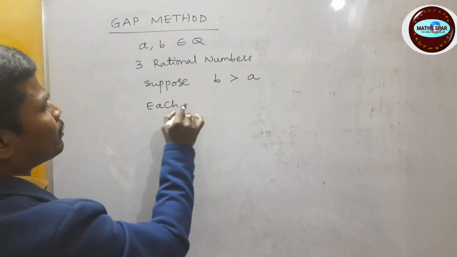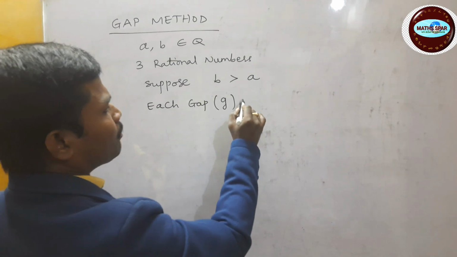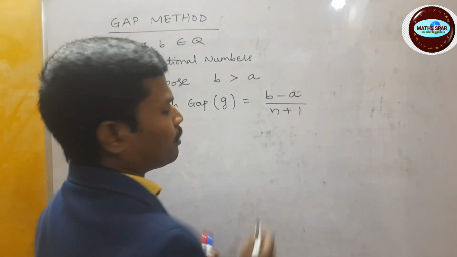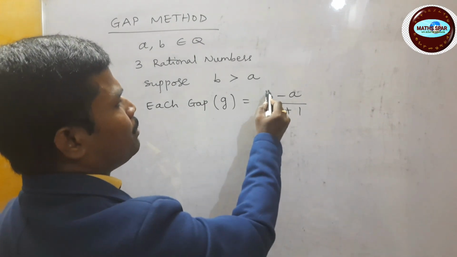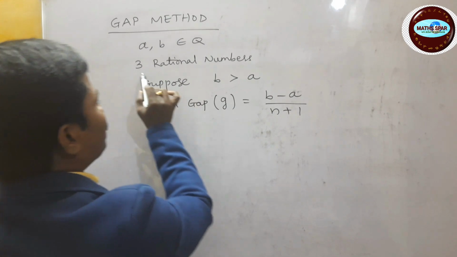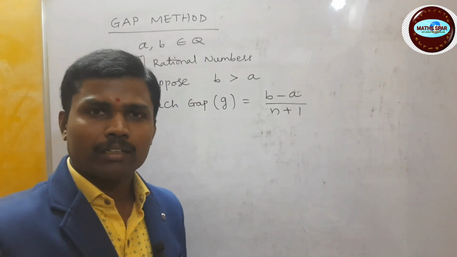Then each gap, which is represented by G, can be found by using B minus A divided by n plus 1, where B is greater, A is smaller, and n is the number of rational numbers that we are going to find.